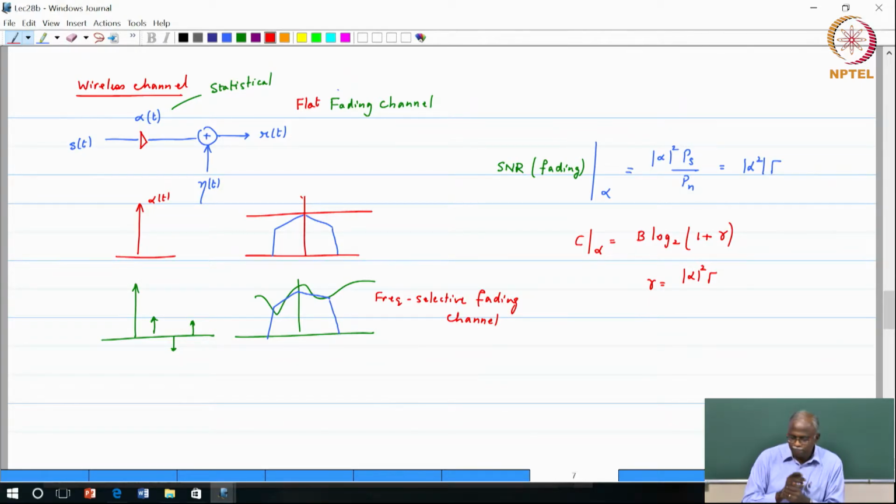Now, it is always important for us to anchor whatever we are saying with something in terms of numbers that you can visualize. So, first is an example which says, okay, what happens if my SNR changes, how does my capacity change, and this is what we are going to assess.